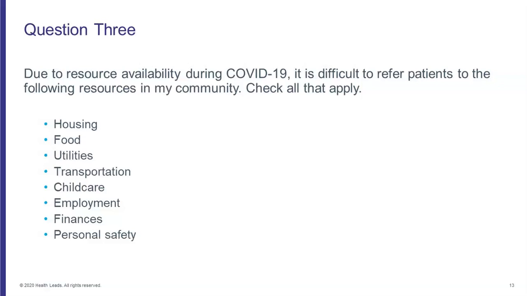What we did find was that about a third of the housing resources that had to do with tenant rights and evictions were temporarily closed for the time being. There were also a good amount that had their hours adjusted and some of their services reduced as well.